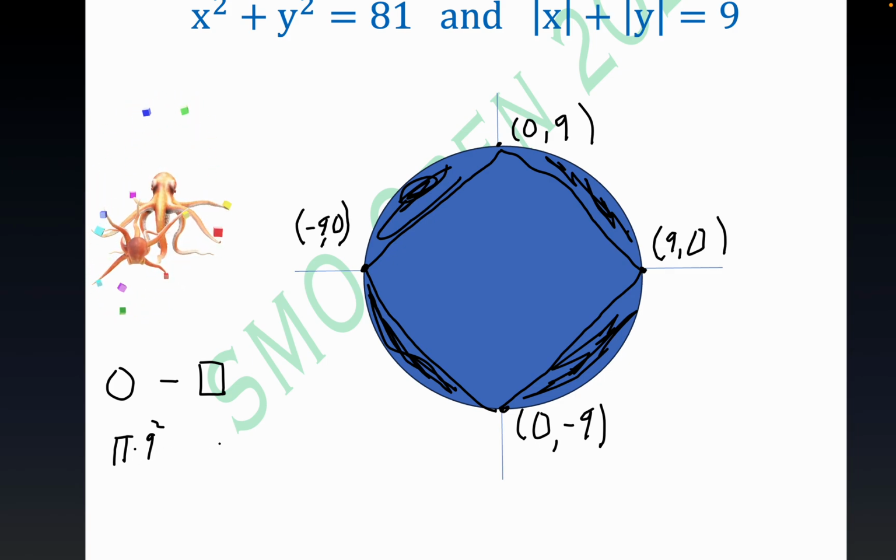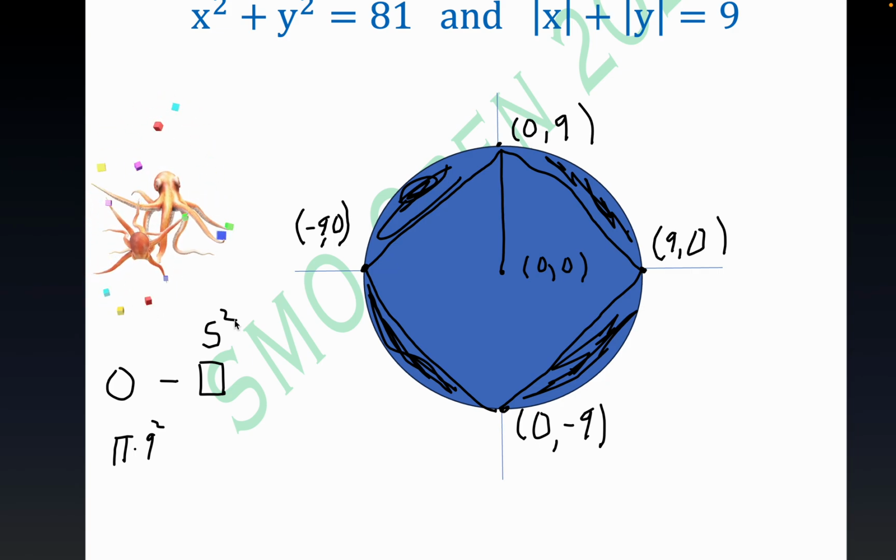Now, what about the area of the square? The area of a square, let's just draw a picture all the way down to the origin. This is 0, 0 right here. Now, the area of any square is just S squared, where S is the measure of one of the sides of the square.